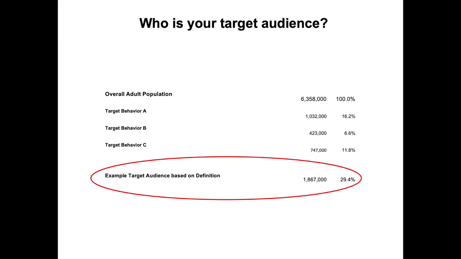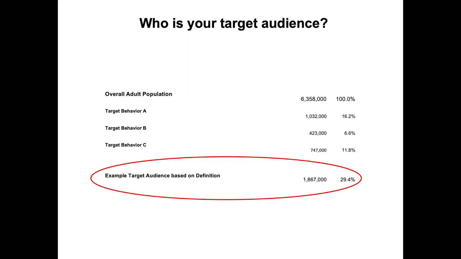That audience is defined as adults 18+ in the market that have target behavior A, or target behavior B, or target behavior C. As you can see, this is about 29.4% of the total adults 18+ population in the market, or almost 1.9 million adults who are identified as overall adult population.